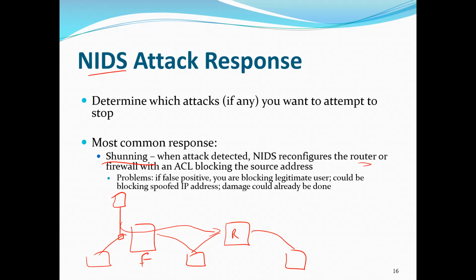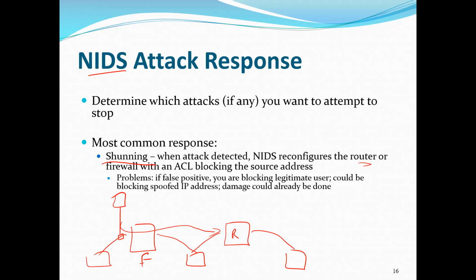Now, don't worry about that. After we finish IDSs, we'll spend a lot of time on firewalls, and we'll look at all those things from various points of view. But in this example, we just think of the basic idea. So the NIDS reconfigures the router or firewall with an ACL blocking the source address.